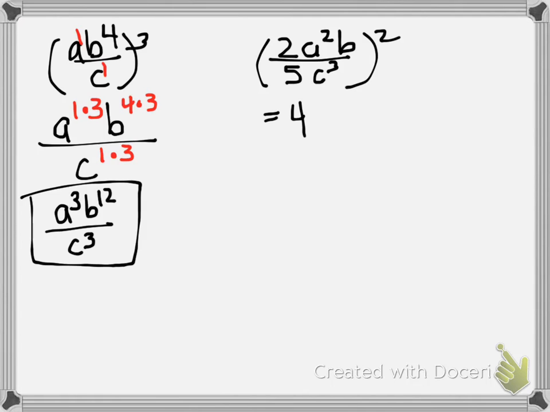Keep going. What happens to the a squared when I square it? A, 2 plus 2, which is? 4. Okay. And what do I get when I take b and square it?